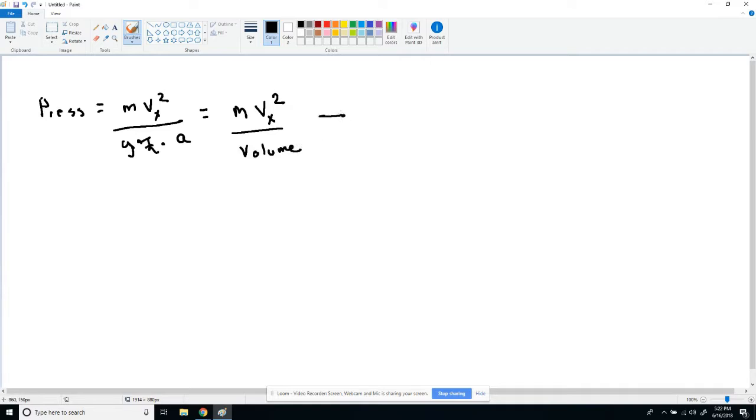So that leads us to our ideal gas law when we multiply the volume over to the other side. However, this is just for the x direction.